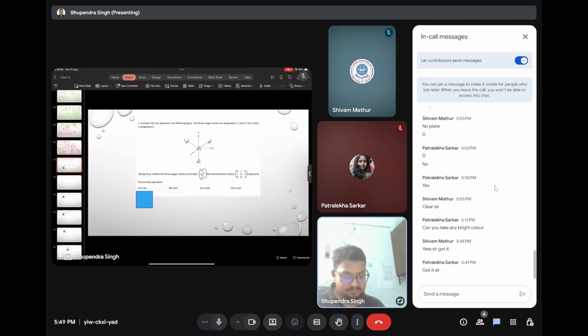Now, this is the second question. Consider CO3 minus ion depicted, like they will be in resonance.